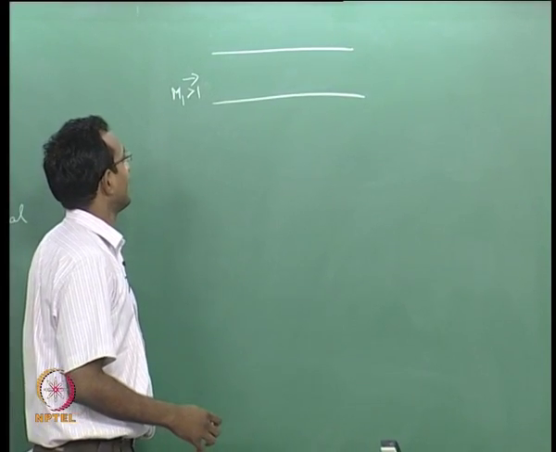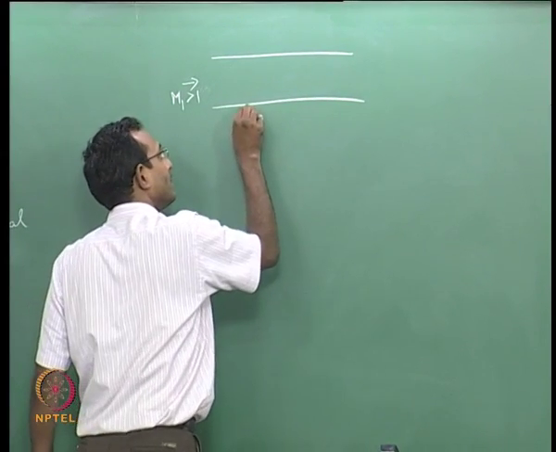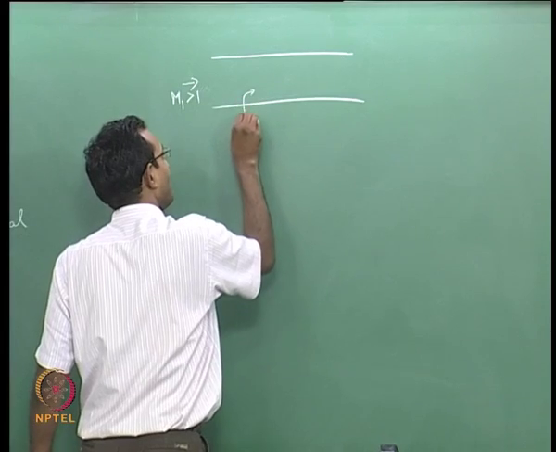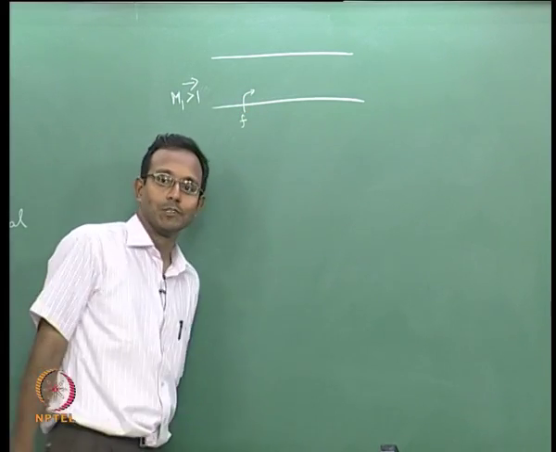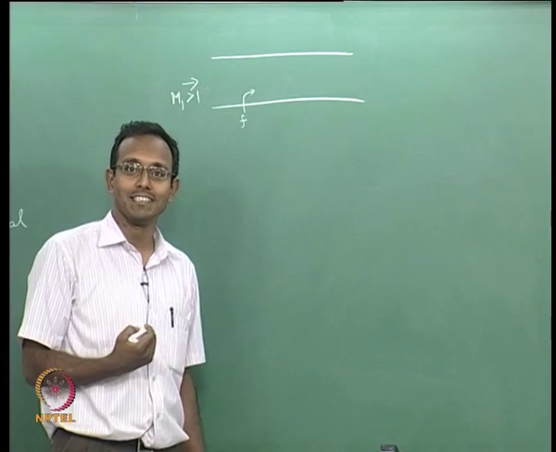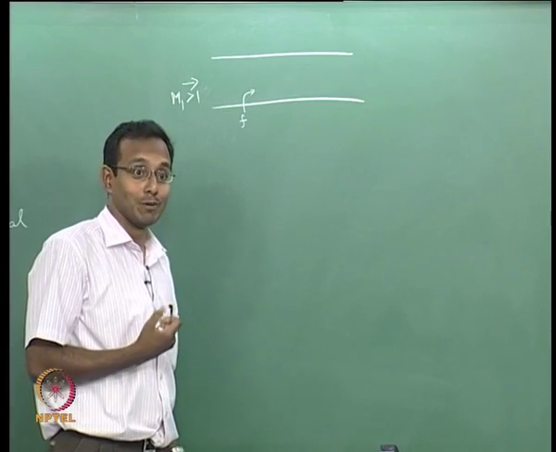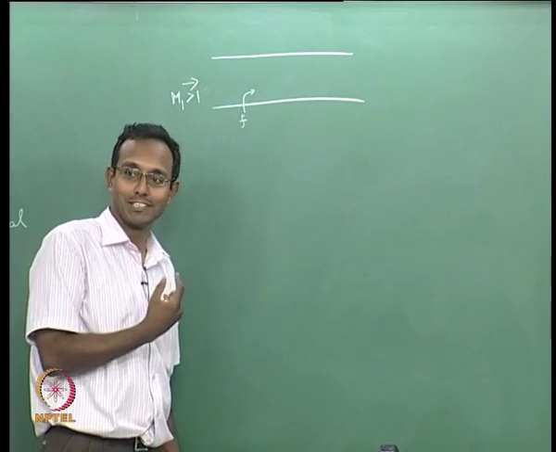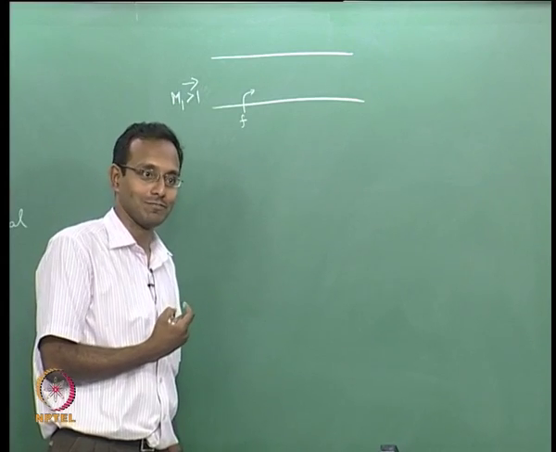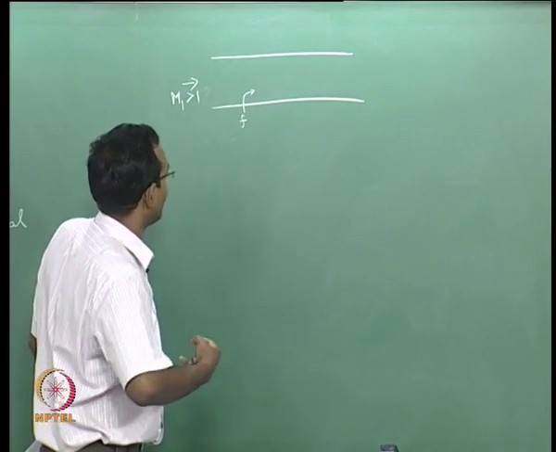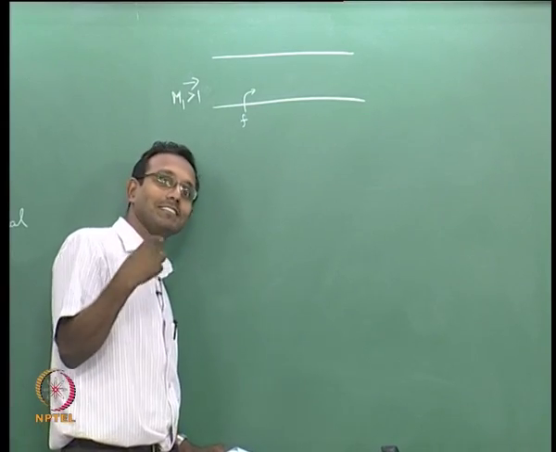Now I want to actually add fuel into this. Typically it is a liquid fuel, so it has to evaporate, which will take some energy from the flow itself, and then it is going to think about mixing.